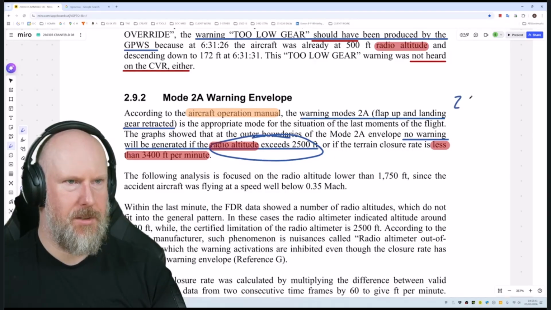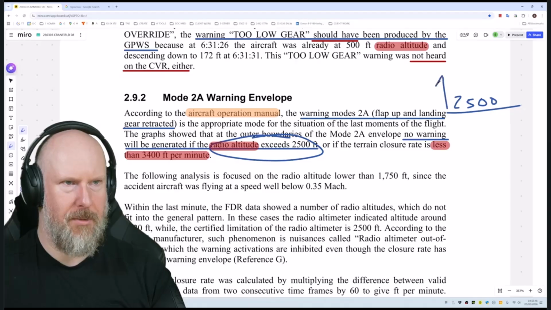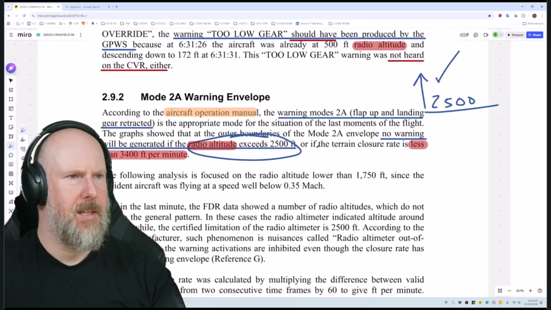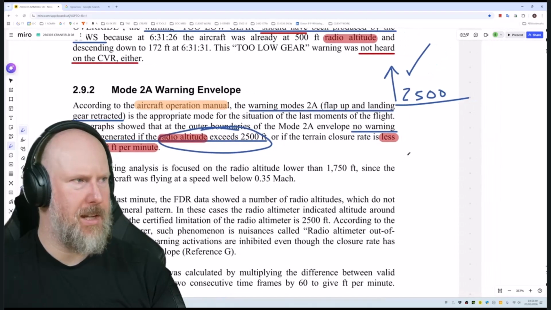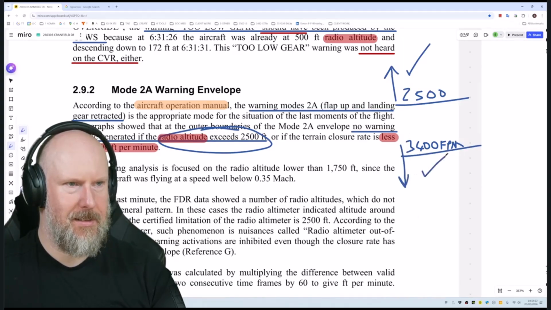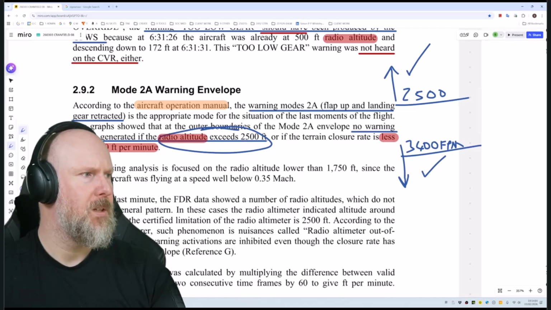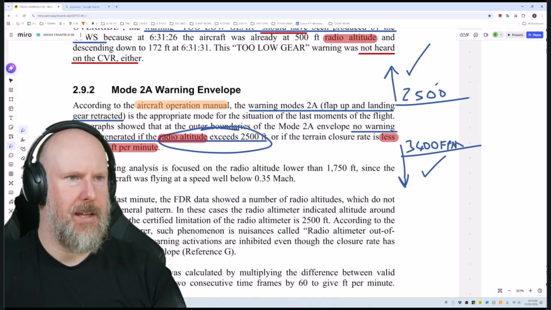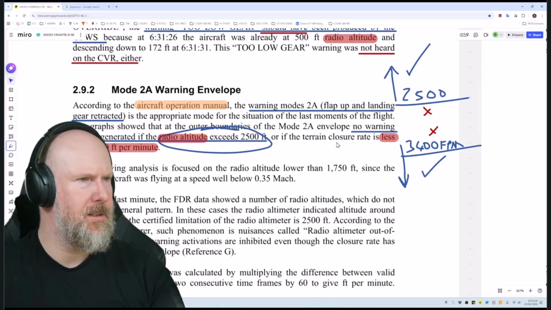So we've got 2,500, so anything above that is okay. And then if the terrain closure rate is less than 3,400 feet per minute, there we go, if it's less than that, it's okay. If it's above that, it should alert. If it's below that, it should alert.